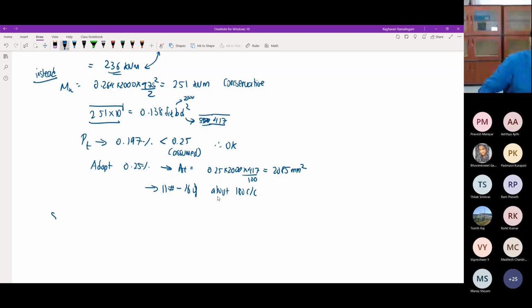The same thing can be done for the short span. Here the projection is 850 and the width is 2450.